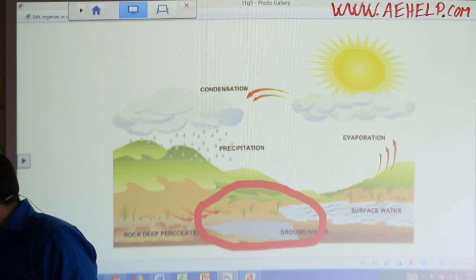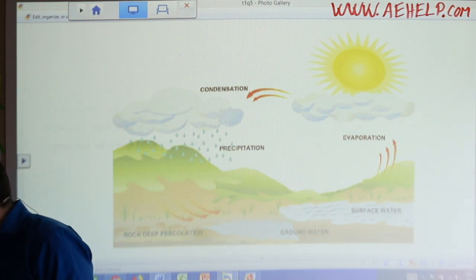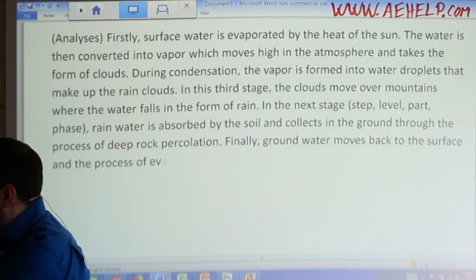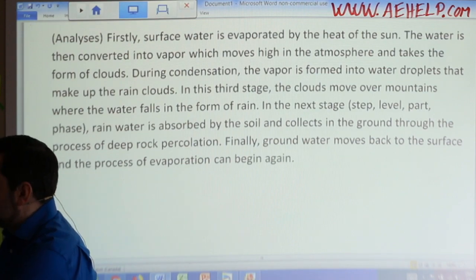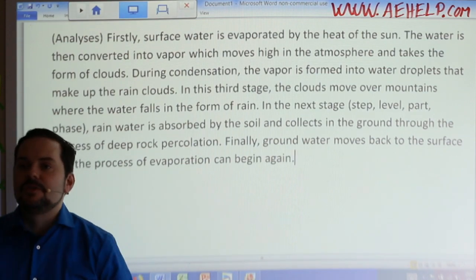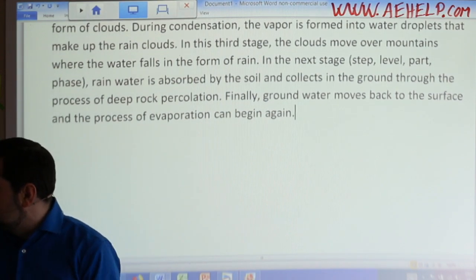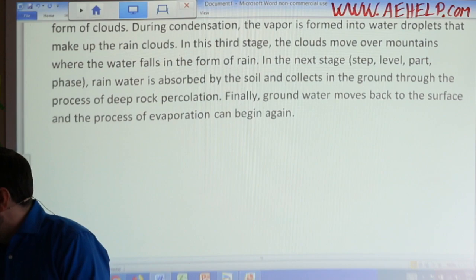Sometimes it takes millions and millions of years, but eventually it does get there. So finally, groundwater moves back to the surface and the process of evaporation can begin again. Okay, so this is where we wanted to say finally.